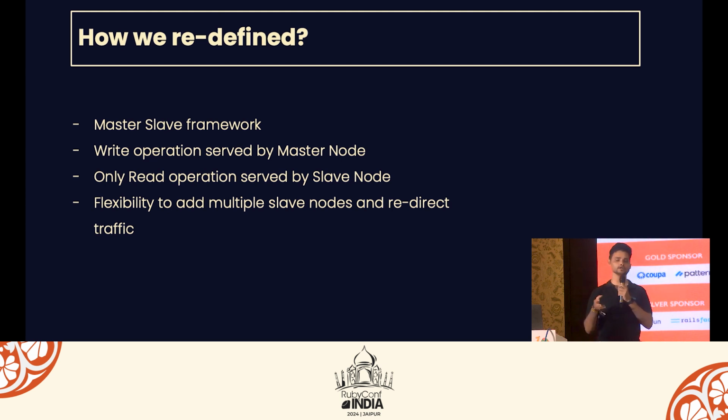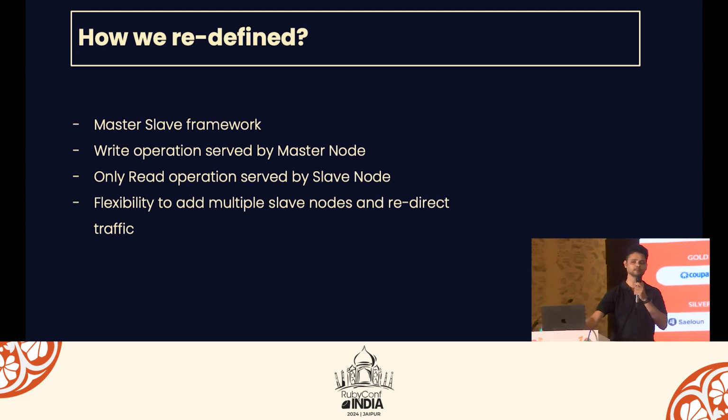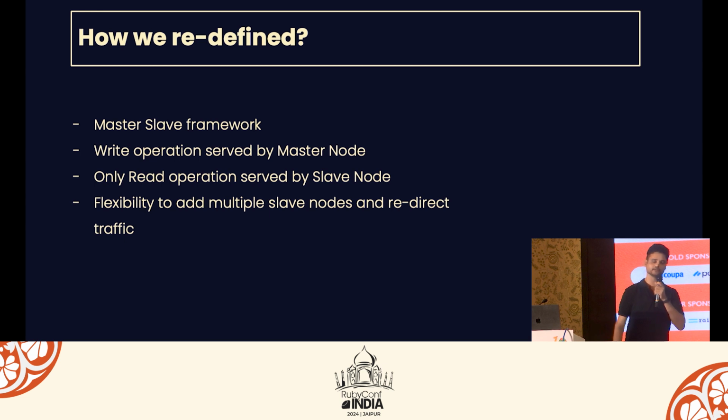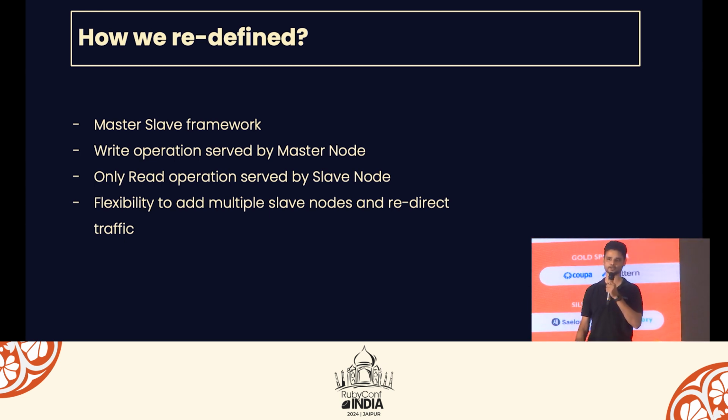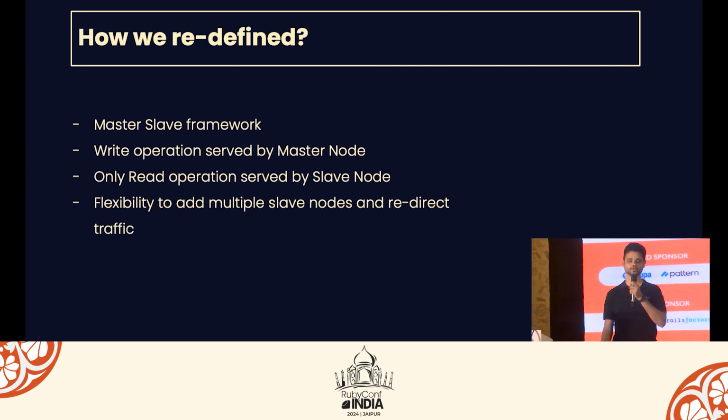This enhancement helps us create a more scalable product and serve production issues with more capability. This flexibility to add multiple slave nodes is one of the major things we have contributed to our current infrastructure. But yeah, that's all from my side.